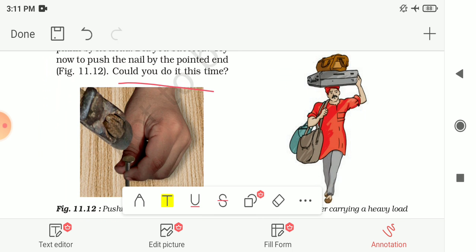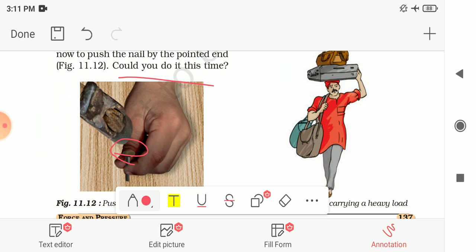That means by its head, this one is the head of the nail. Did you succeed? We know that no, we cannot push the nail into the wooden plank by its head.